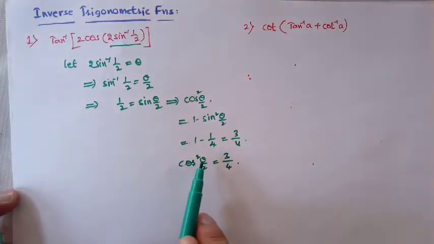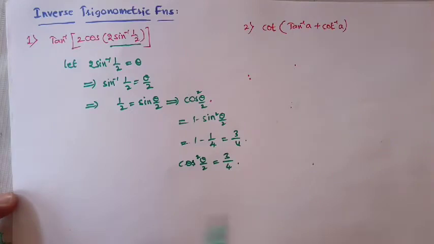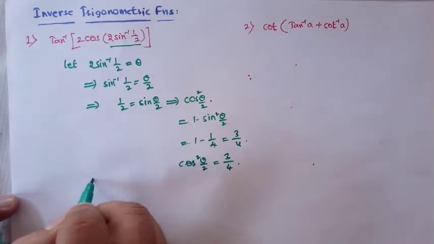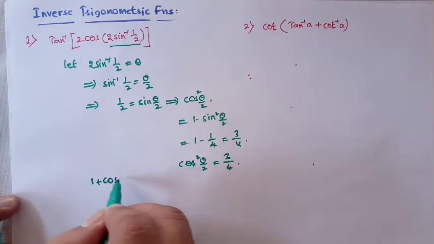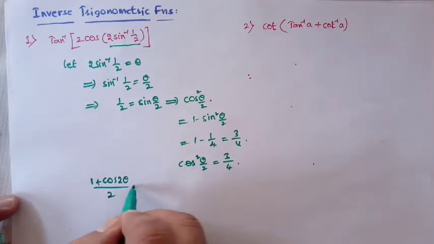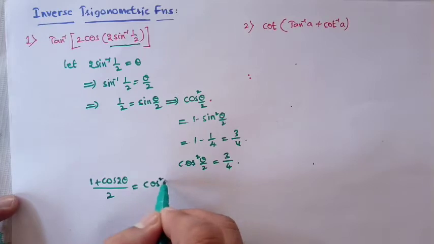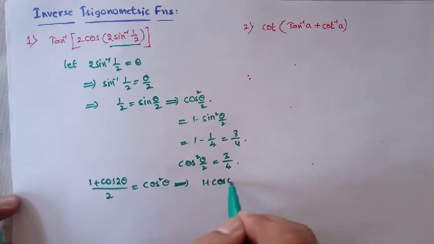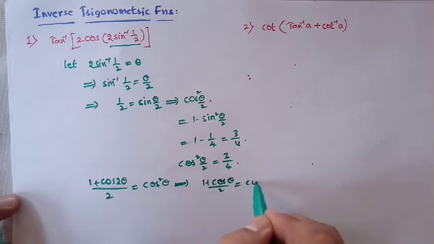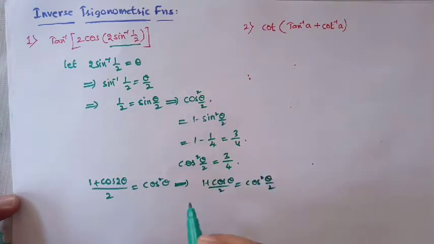It is cos square theta by 2, but we require cos theta only. Then use the formula 1 plus cos 2 theta by 2 is equal to cos square theta. The same thing can be written as 1 plus cos theta by 2 is equal to cos square theta by 2.